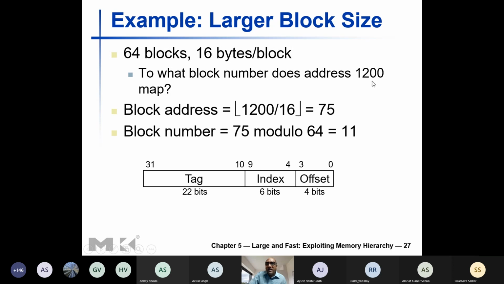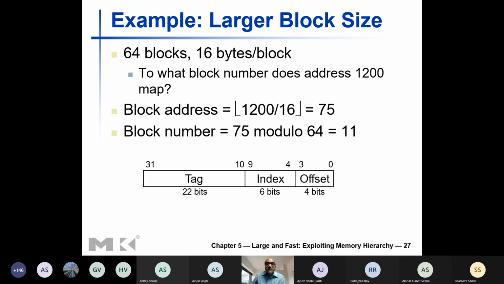Here it so happened that we are given 1200, so the block address is just 75. My question is, what is the maximum possible block address? It is when all these 28 bits are 1, that is the maximum possible block address you can get. That's what I want to convey. Earlier we had a byte address, and since instructions are always 4 bytes, we fetched 4 bytes each time.